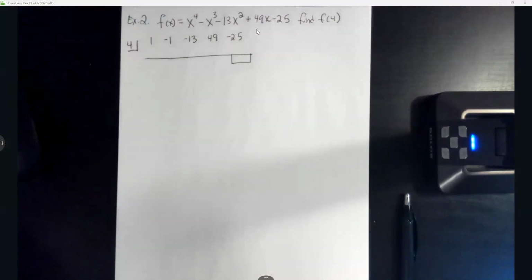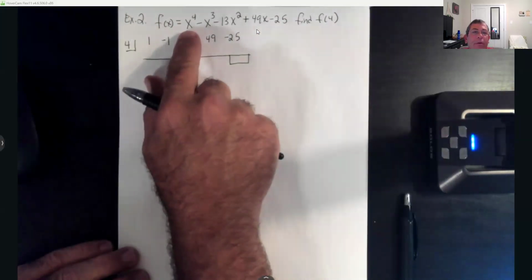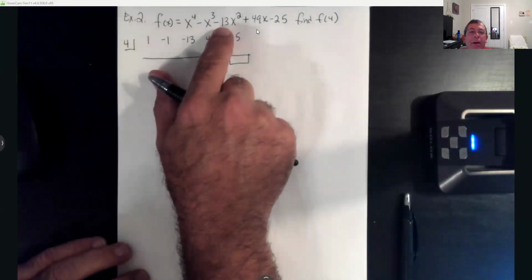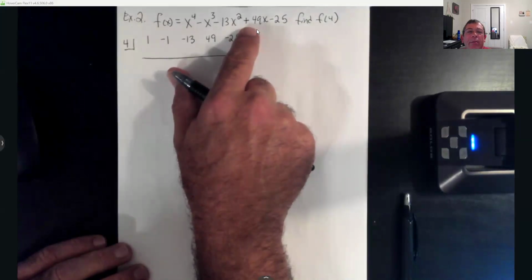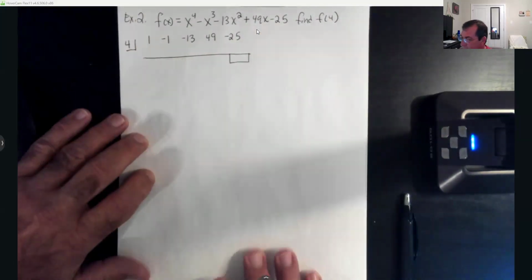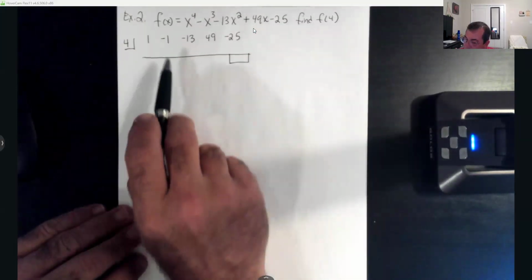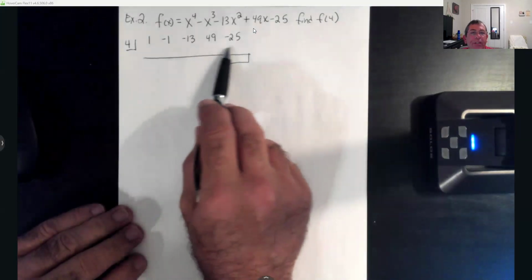That's an x to the 4th minus x to the 3rd minus 13x squared plus the 49x minus 25. And then y'all would write y'all's coefficients out.